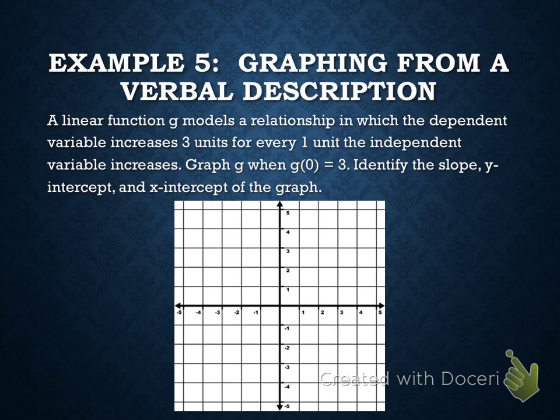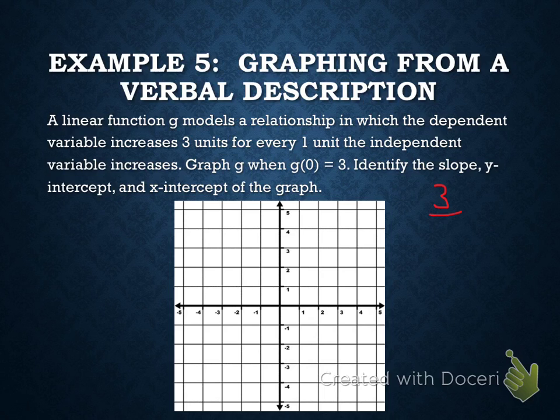What we're going to do first is find the slope. It says when the dependent variable increases by 3, that means the change in y is 3. So that's going to be your rise. Remember, it means the change in y over the change in x. So we've got 3, and then it says the independent variable, which is x, changes by 1.